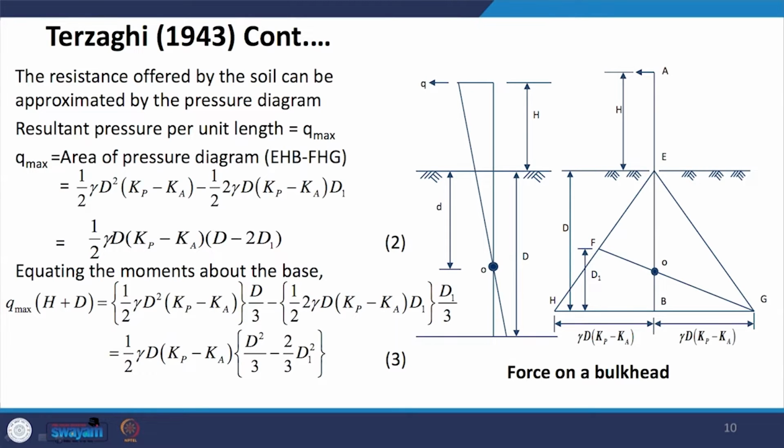So, as shown, the area of the pressure diagram: when we work on this area, it is half gamma d square (Kp minus Ka), and another one where we assume d1, the height of this triangle, from the base to the point F. This can be simplified, so in equation 2 you get Q max equal to half gamma d (Kp minus Ka) into (d minus twice d1).